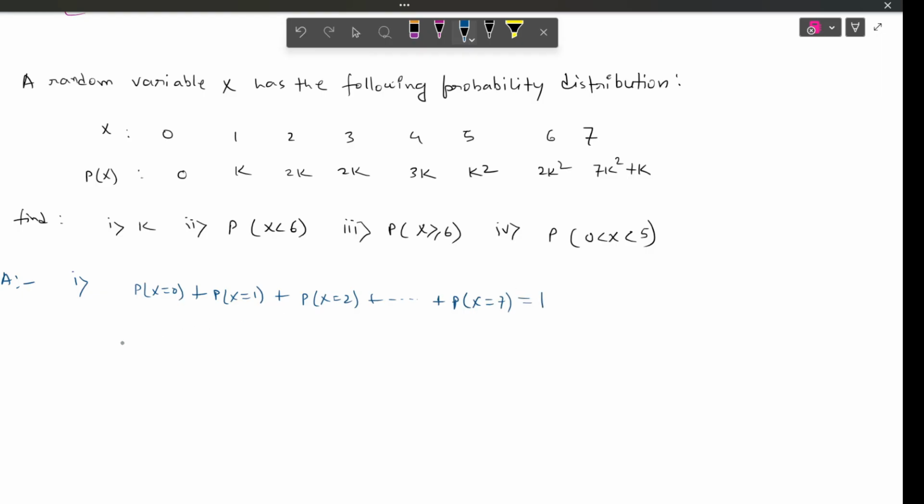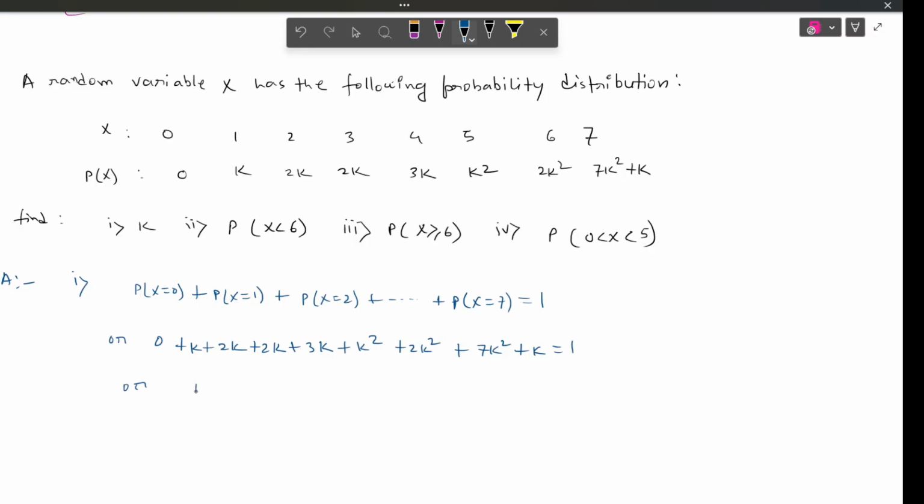This sum should be 1. So probability of X equals 0 is 0. So write down all this: 0, k, 2k, 2k, 3k, k square, 2k square, 7k square plus k, equals 1.